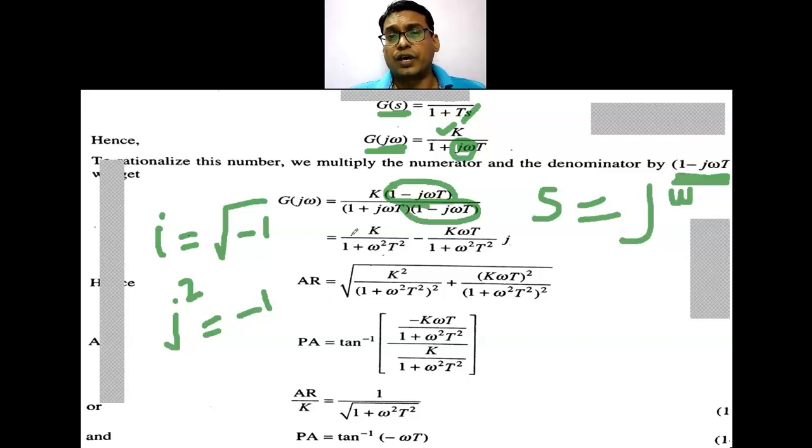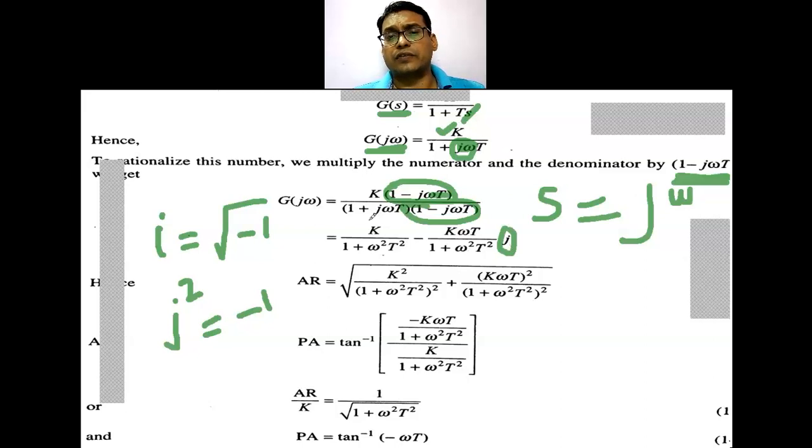Then we are going to separate this: 1 upon 1 plus omega square tau square, and omega tau upon 1 plus omega square tau square into the j. So this is a complex number.